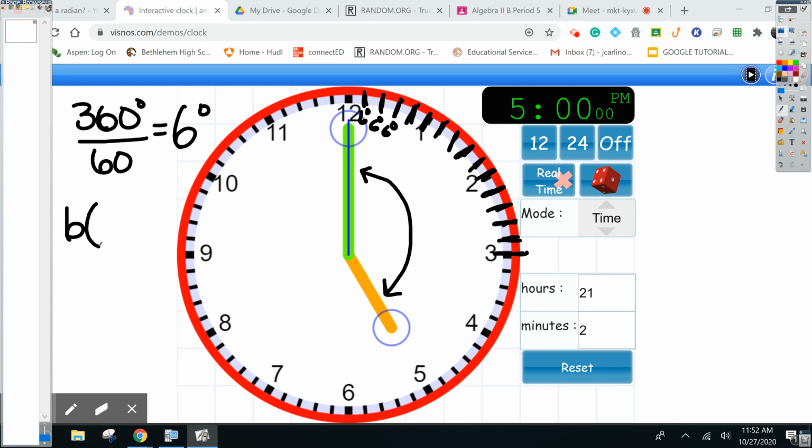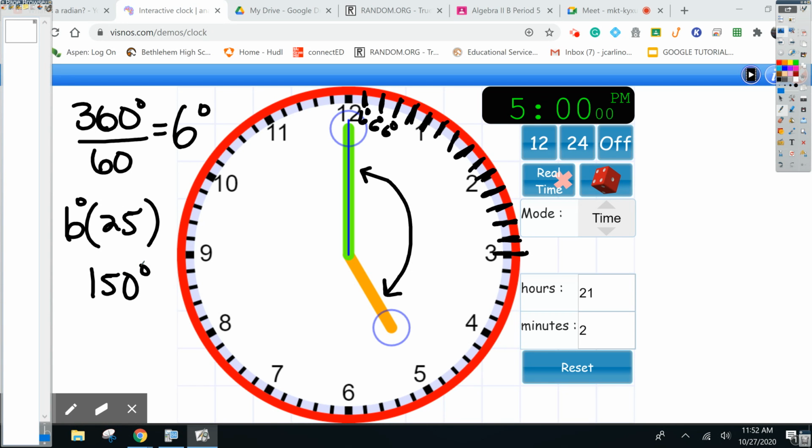How many minutes are you going from 12 to 5? That's 25 minutes, right? Not 5 minutes, 25 minutes. So you're going 150 degrees from 12 to 5.